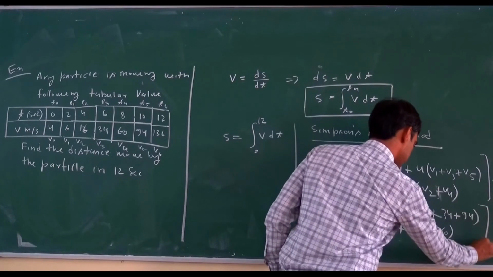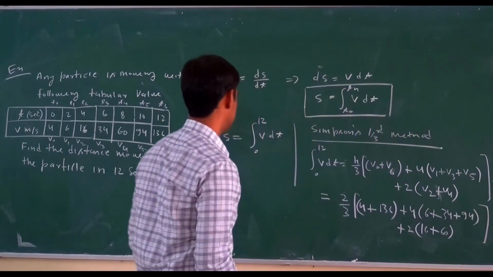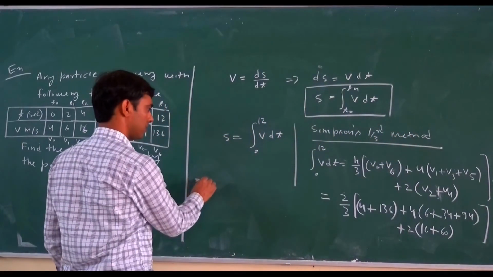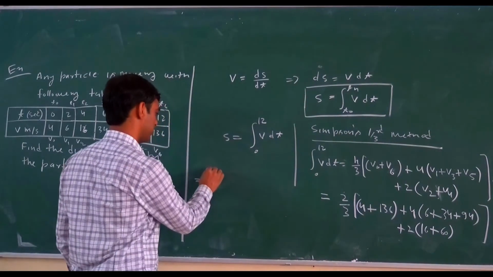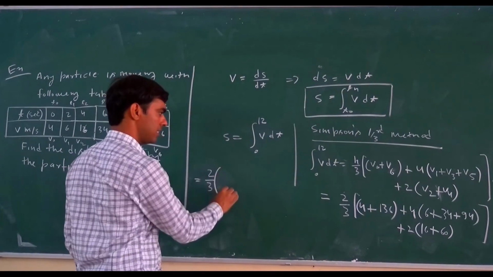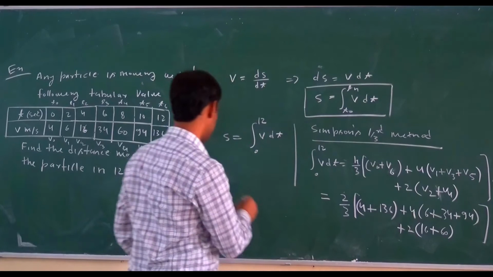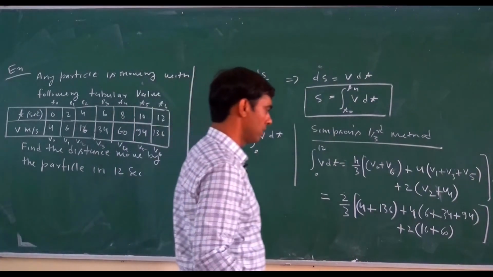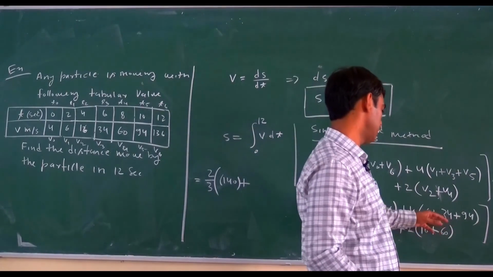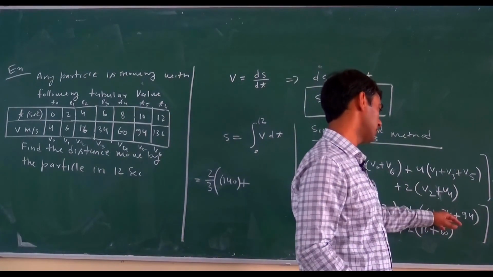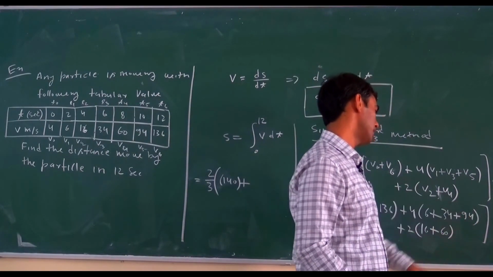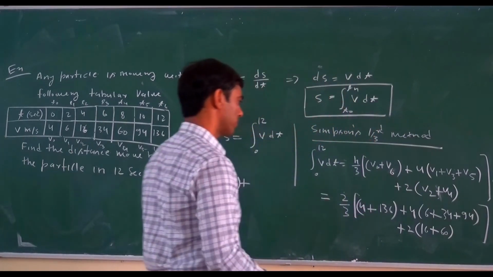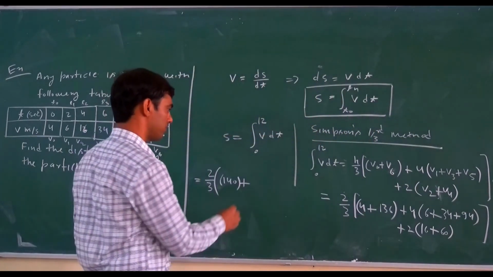So if we simplify this, the result becomes 2 by 3 times, inside becomes 140 plus 4 times of 94 plus 40, which becomes 134.